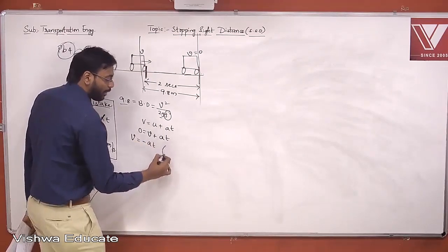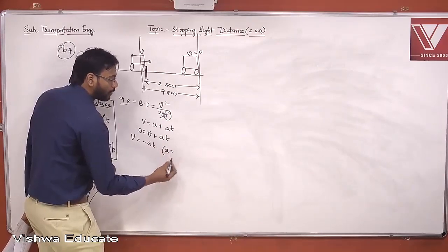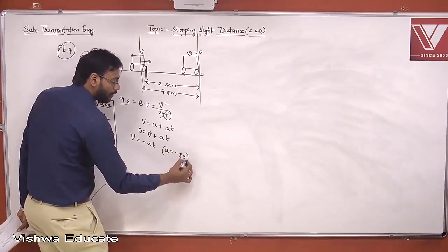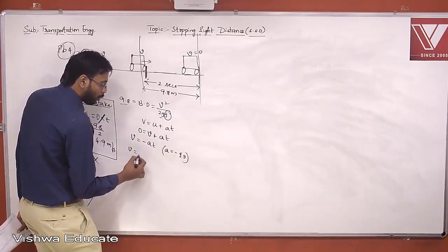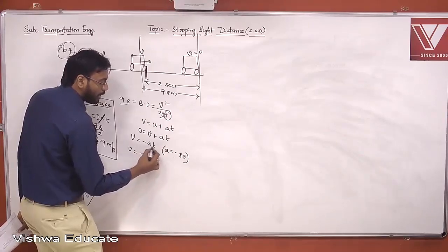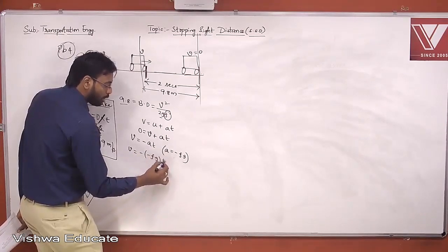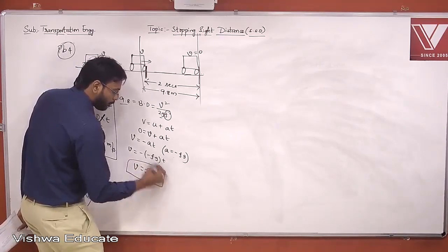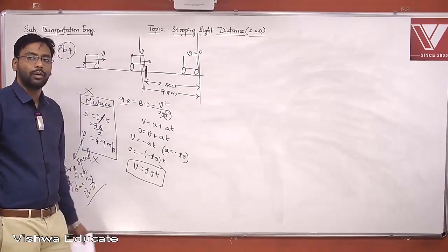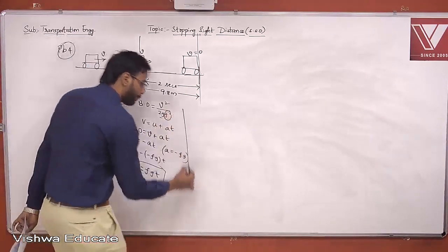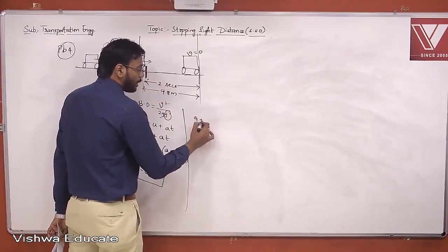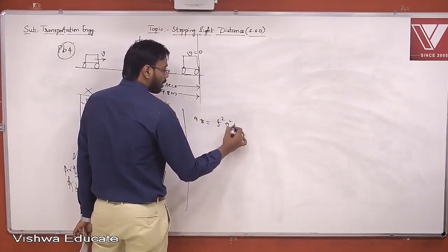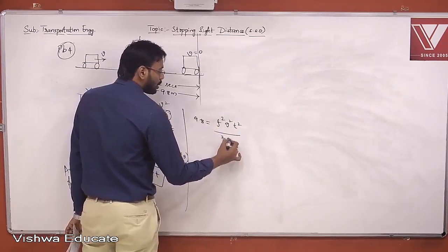Just now I have derived in the previous problem, after applying the brake, the acceleration is equal to minus Fg. So V is equal to, A is minus Fg into T. Basically, V is equal to F into G into T. Now simply use the value of V here. So 9.8 meters is equal to V square, that is F square G square T square by 2GF.